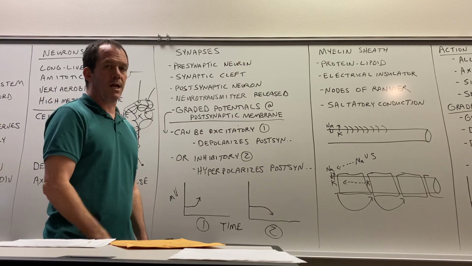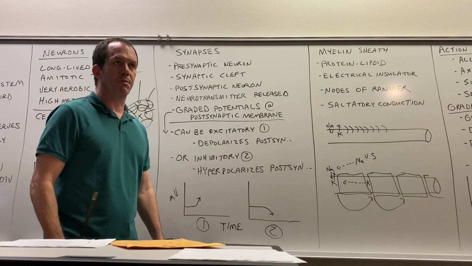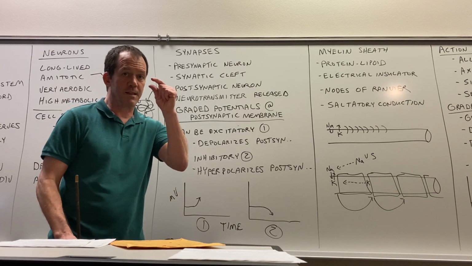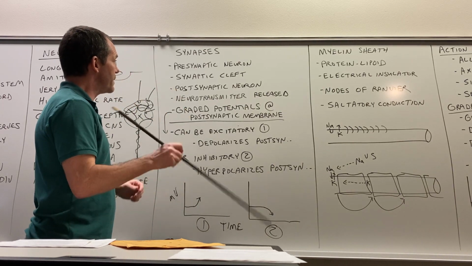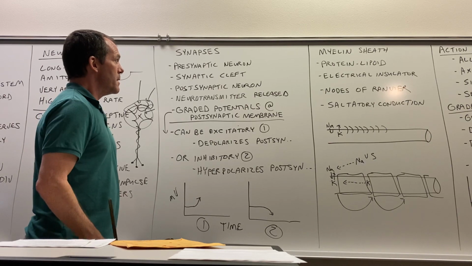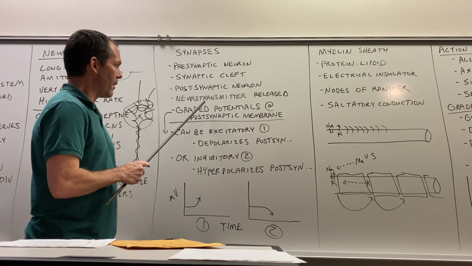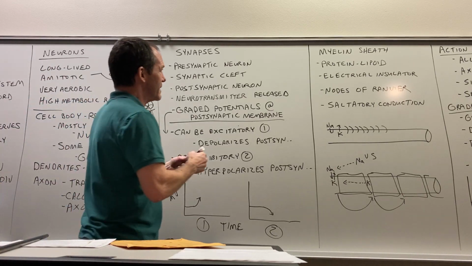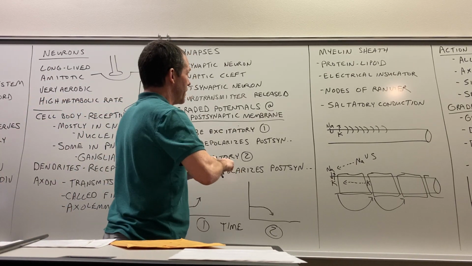There's a synapse or synaptic cleft. I tend to use those things interchangeably. So if I say synapse, I simply mean the gap in between. And then the postsynaptic neuron, or you may see postsynaptic membrane. Now, neurotransmitter is what's produced by the presynaptic neuron. So I'll draw that in right here.